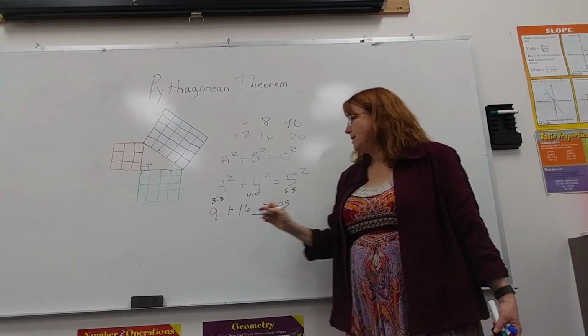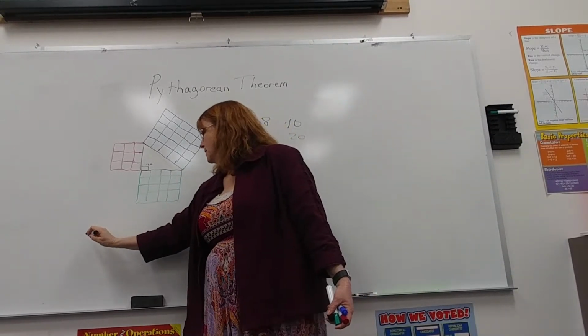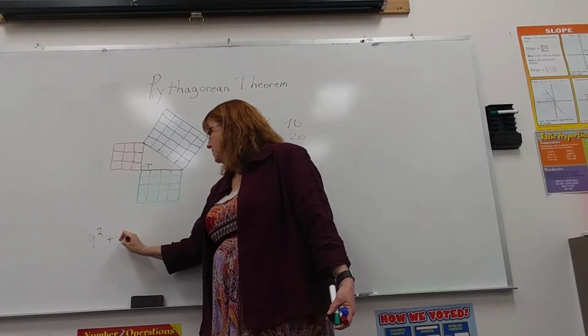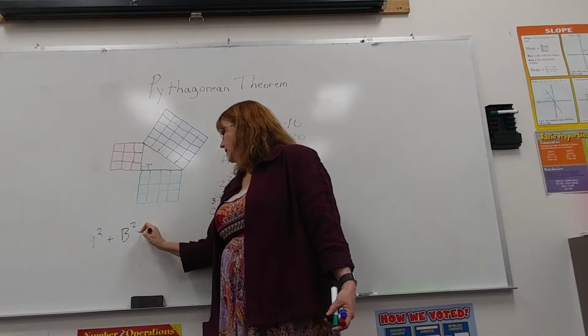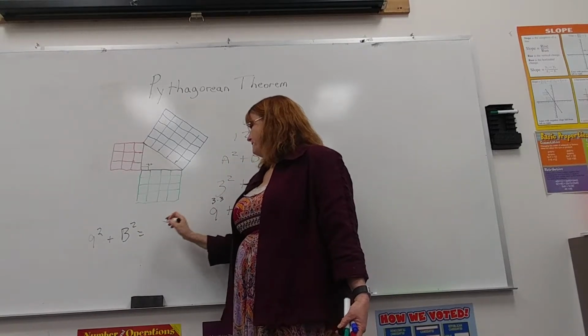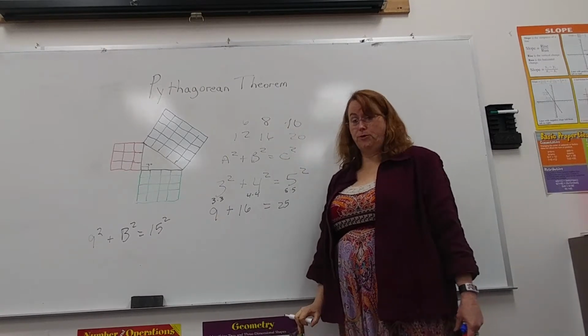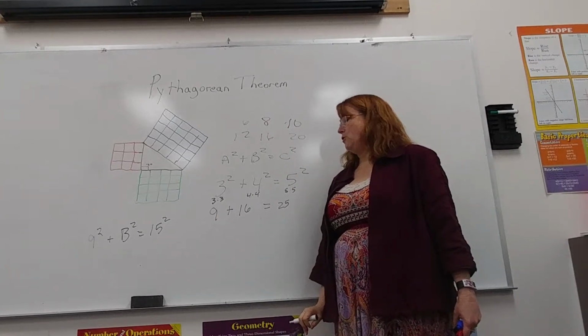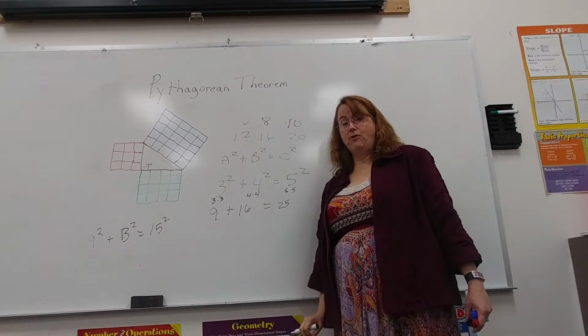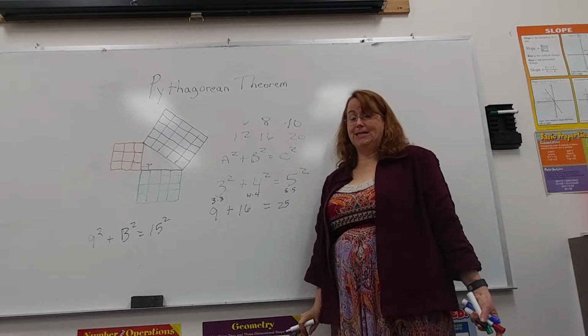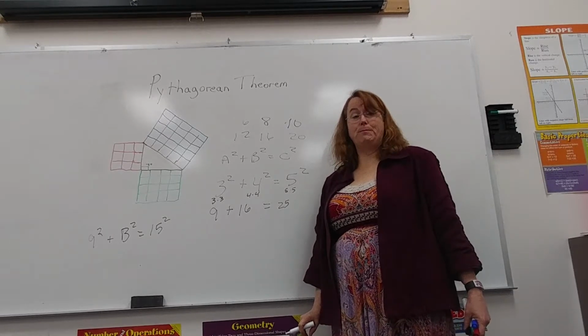So you might get 9 squared plus b squared equals 15 squared. And you need to know what b is equal to. So if you recognize that this is a 3, 4, 5 triangle, you might be able to say, well, that's 12. But if you don't recognize that it's a 3, 4, 5 triangle, you're going to have to do the math.